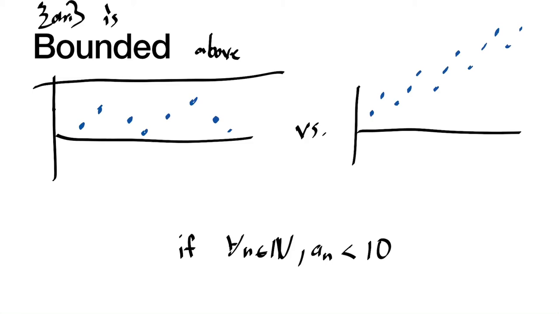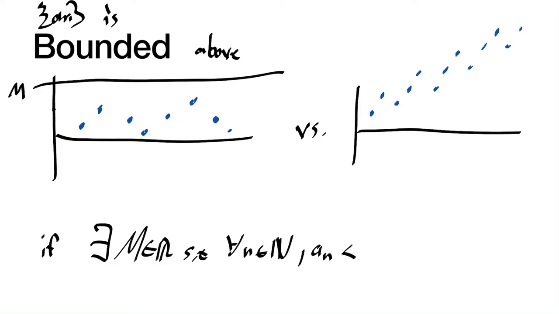Let's call that point, let's use the letter M, just for a nice number here. So we'll say a sub n is bounded above if there exists some real number M such that for all natural numbers n, a sub n is less than that M value.